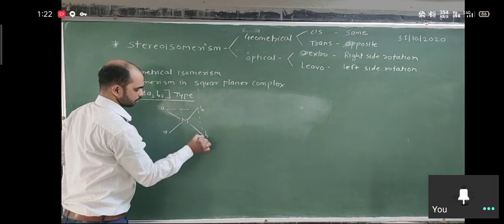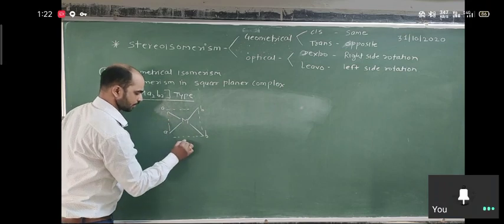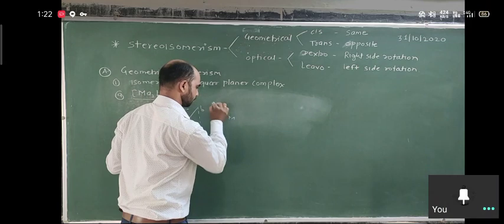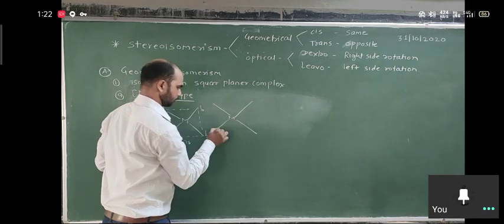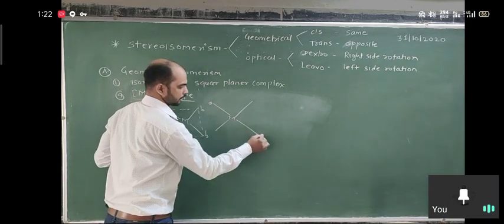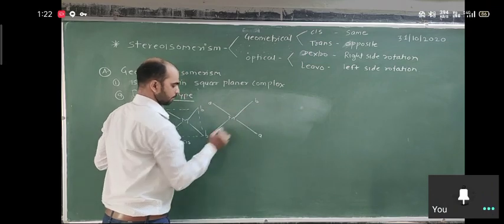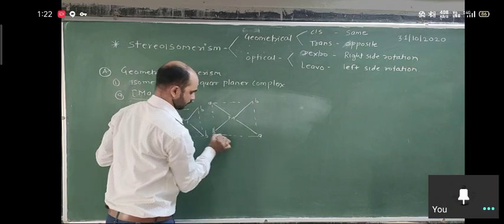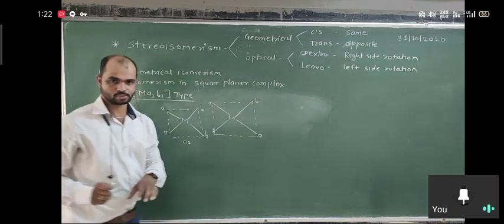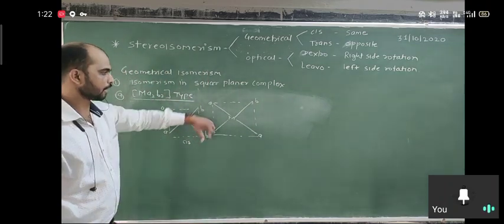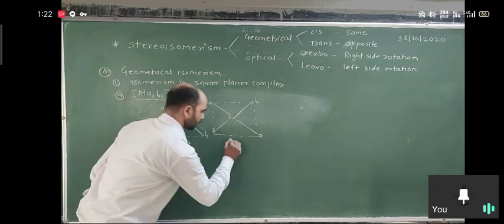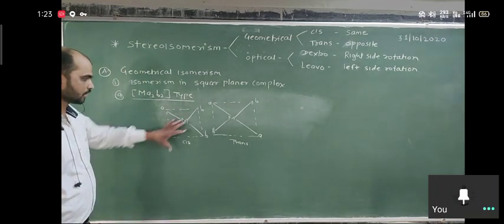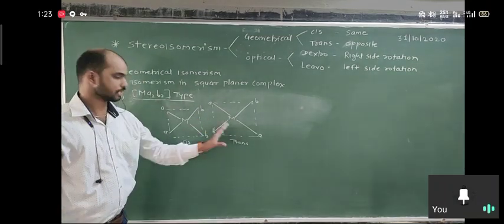So we say it is the cis isomer. For trans, suppose A is here, another A is opposite to this one, B is here, B is opposite. That means both similar ligands lie opposite to each other. That time the isomer is trans. This is a general representation.